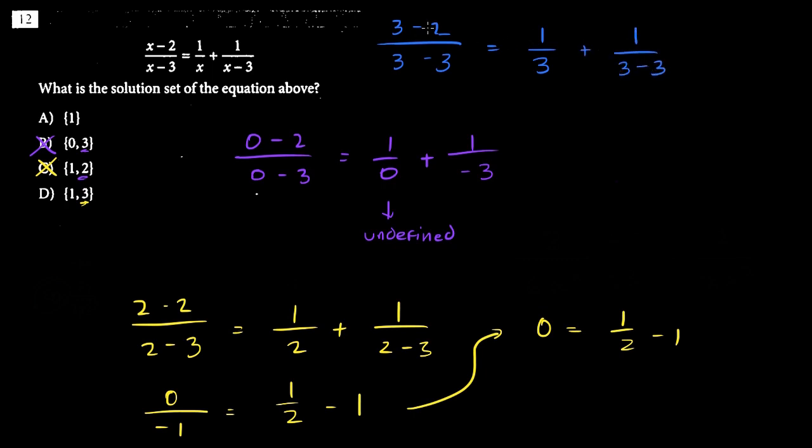Okay, here I'm automatically seeing that minus 2 over 0 is undefined as well, so that's going to be wrong right here. This right here is undefined. And so our only answer is going to be A, and if you work it out, and you put 1, it is going to give you the correct solution.